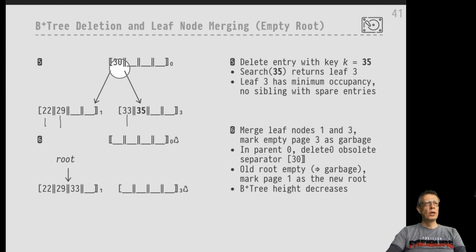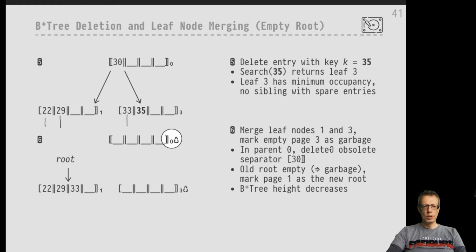Okay, if we do that, then this leaves the old root node 0 empty as well. As you can see, there is nothing more in here. So this leaves the page 3 empty, and it has been marked for reclaim, and it leaves the old root node empty, and it has been marked for garbage collection as well.